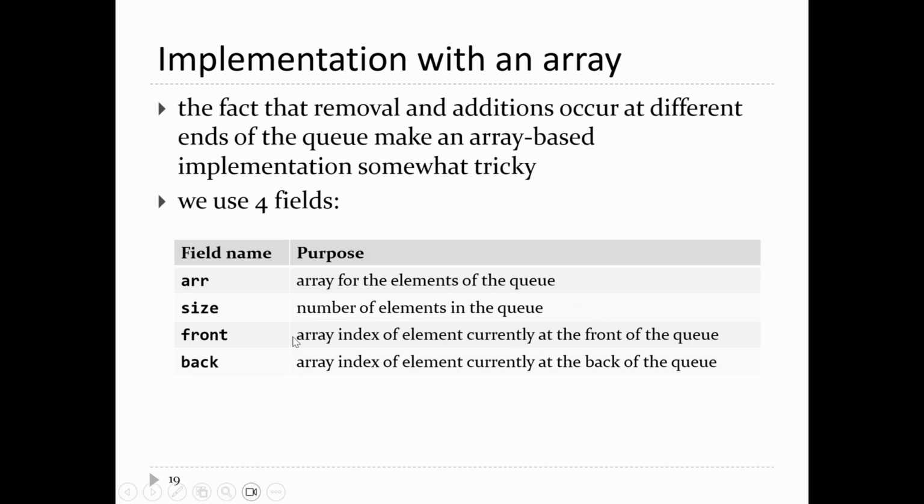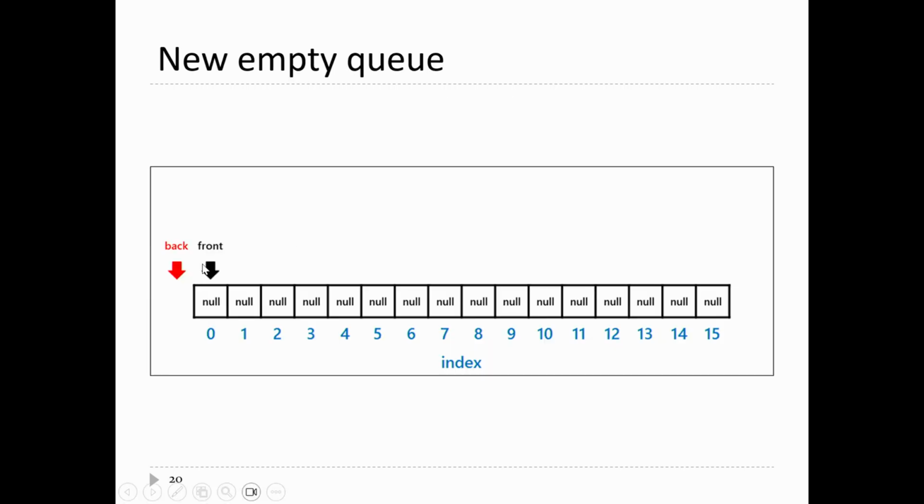It's going to be where the first element would appear if there was something in the queue. So the first element would be at index 0 if there's something in the queue, but there isn't. The back element we're just going to set to -1 for now.